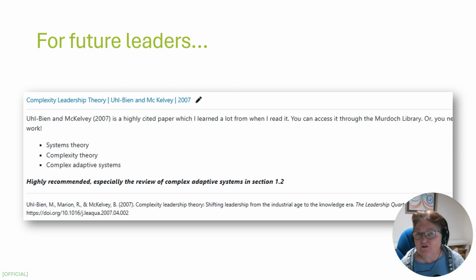This is a really good article. It's on the LMS. I love this article and especially recommend section 1.2, which talks about complex adaptive systems.